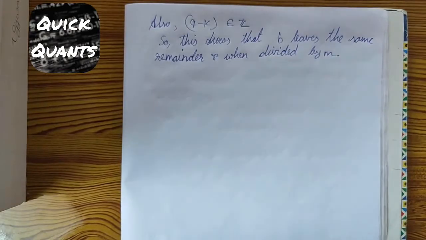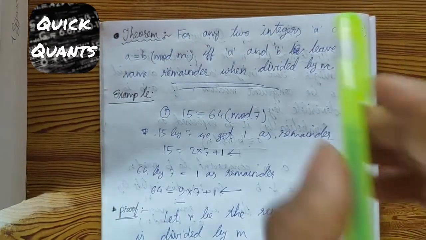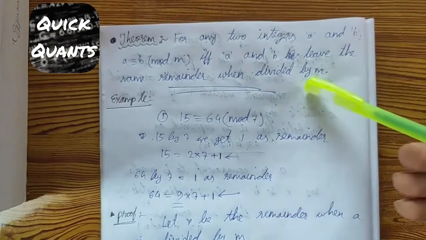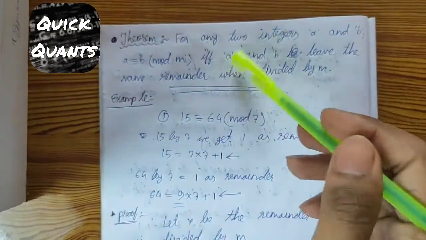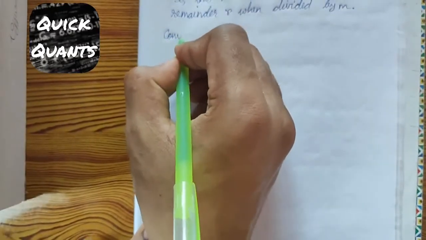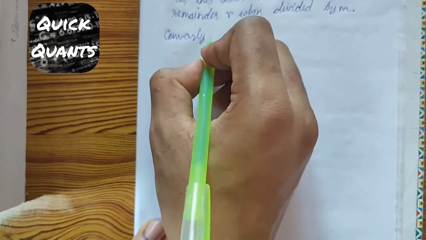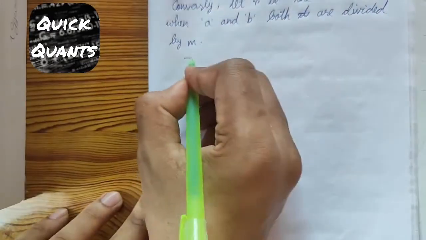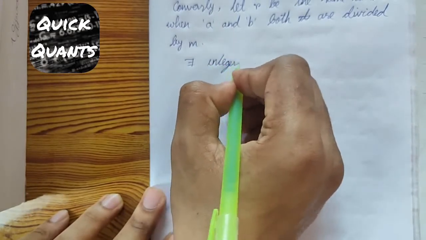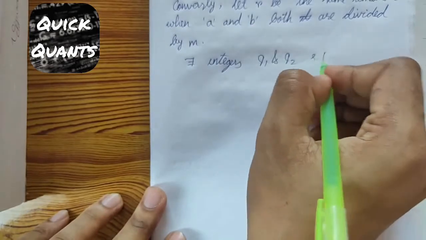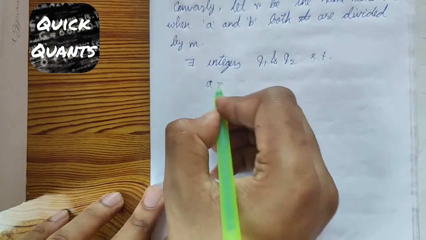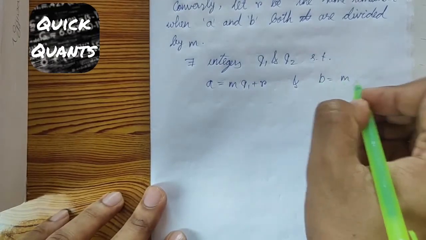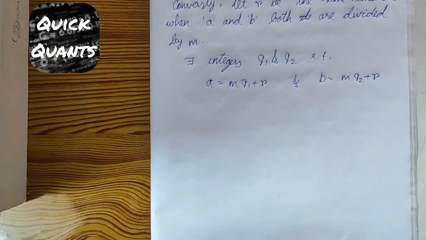Now let's focus on the sufficient part. For the sufficient part, we take R as the remainder of A and B when they are divided by M, and from it we have to prove that A is congruent to B mod M. Okay, so conversely, let R be the same remainder when A and B both are divided by M. Then we can say that there exist integers Q1 and Q2 such that A equals MQ1 plus R and B equals MQ2 plus R. Why?